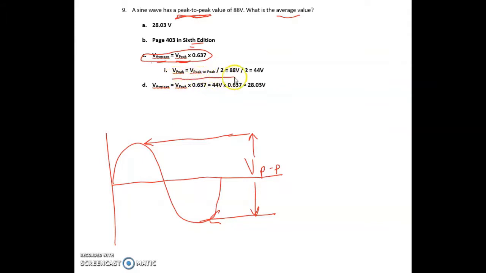That's this formula here. So the peak value in this question is 44 volts. It's half of the peak to peak value. Now we can plug in our formula: V average equals V peak times 0.637, and we get 28 volts.